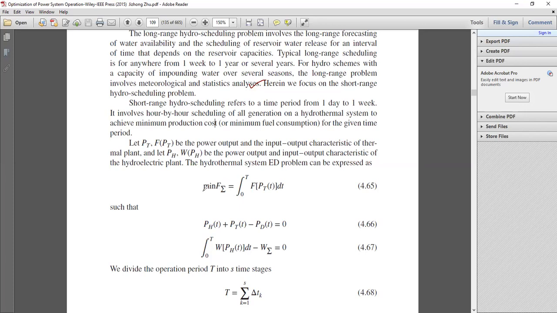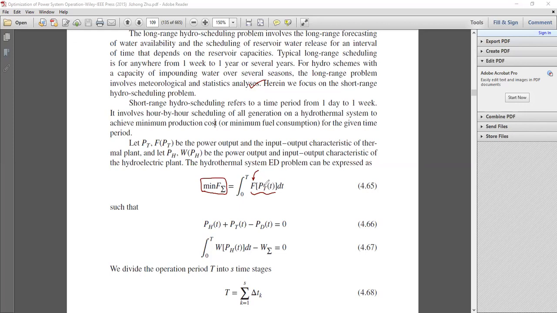So if we are targeting to minimize the fuel cost alone, then we only have to take care of the fuel cost associated with the thermal plants. So f of pt was the fuel cost for the thermal power station.